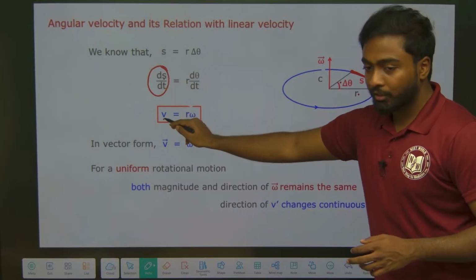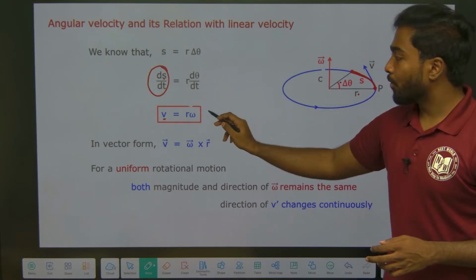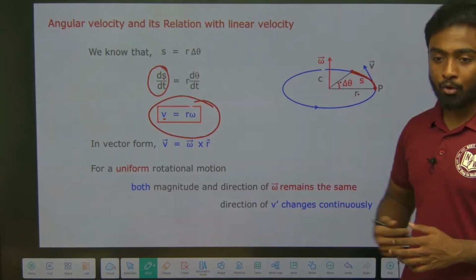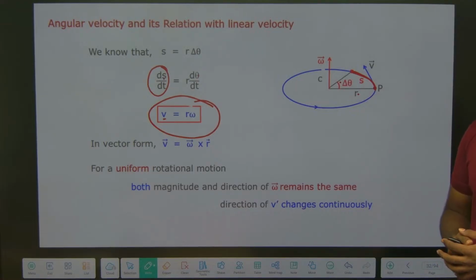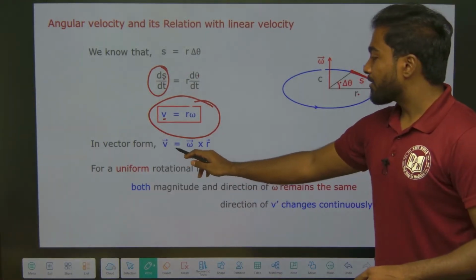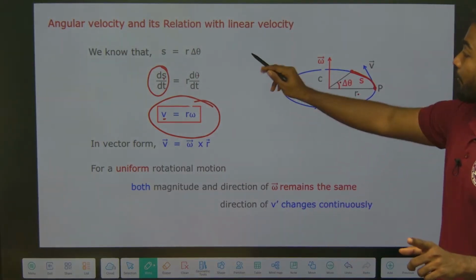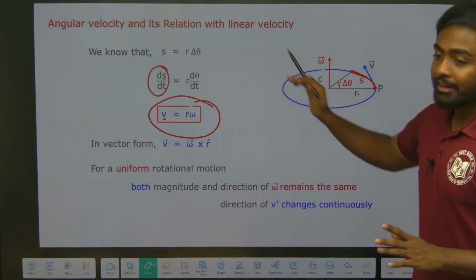So this is my velocity, and this is my angular velocity. The relation between linear velocity and angular velocity is r omega. In vector form, v is equal to omega cross r.